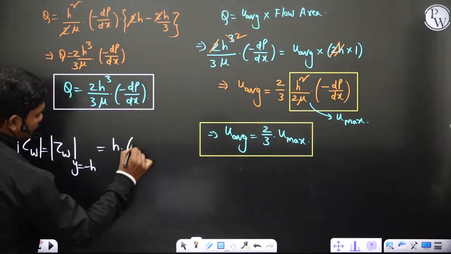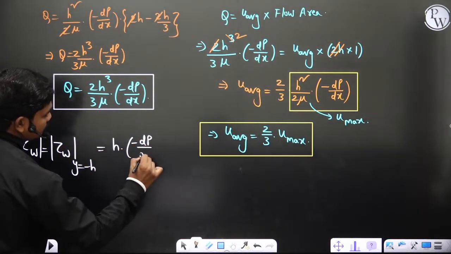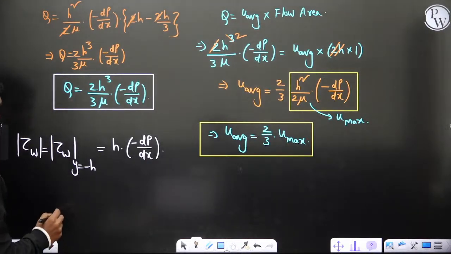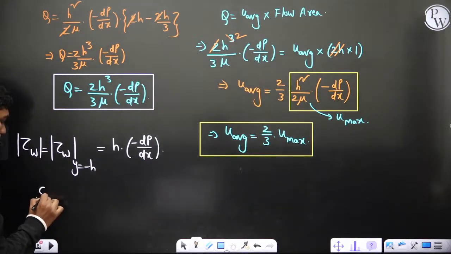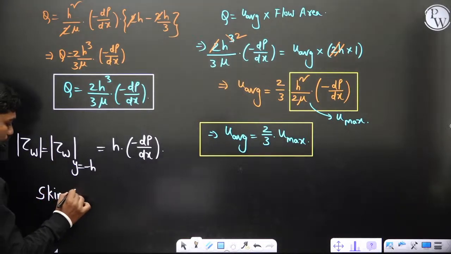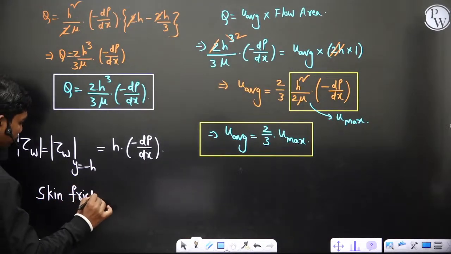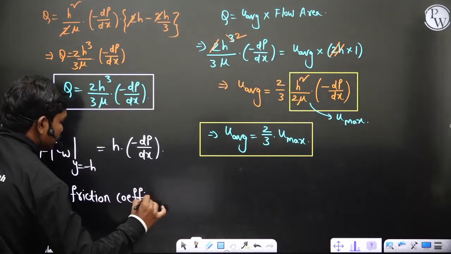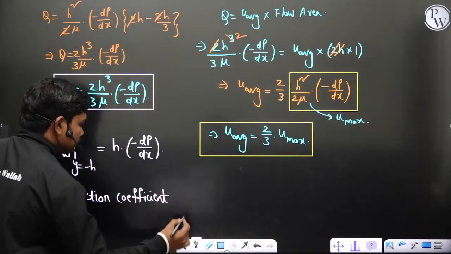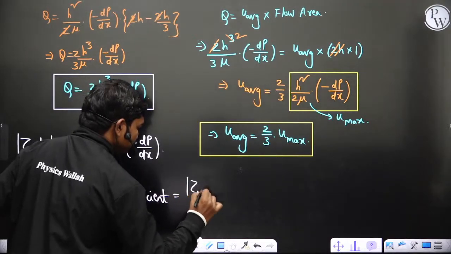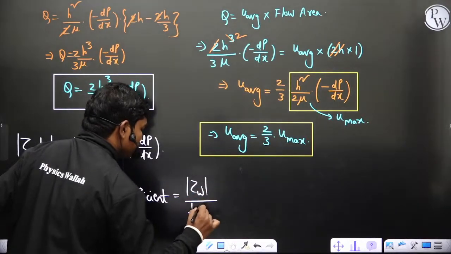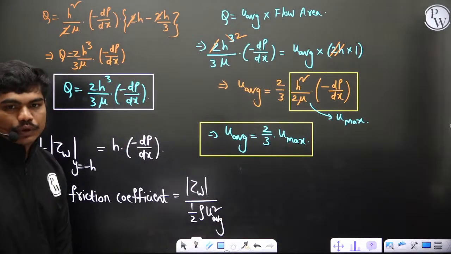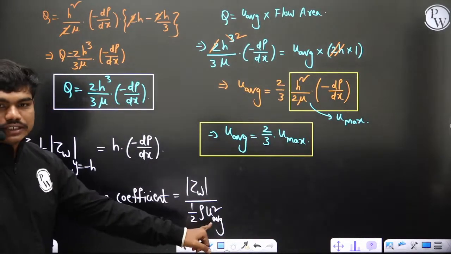Now we define something called the skin friction coefficient, which is the magnitude of wall shear stress divided by the kinetic head, half rho U average square.